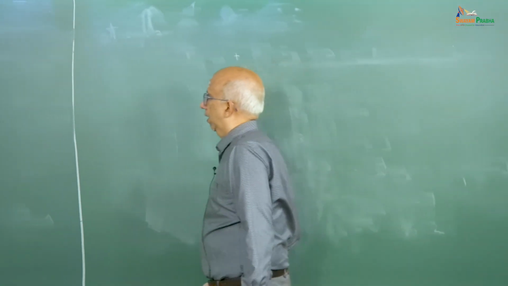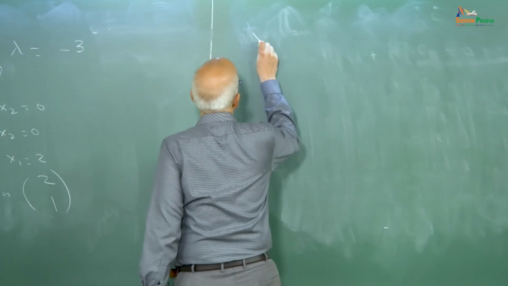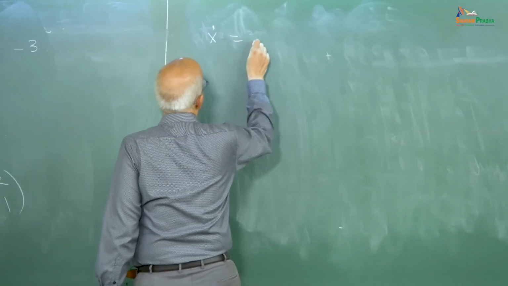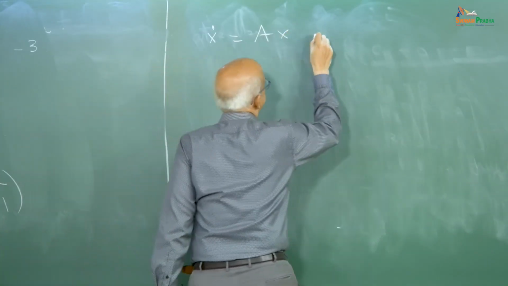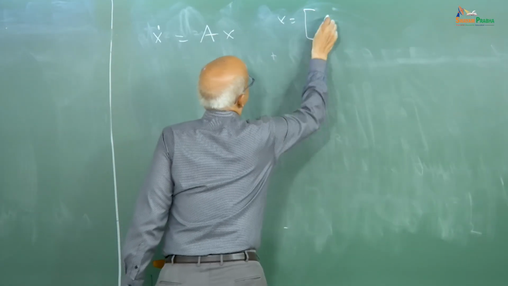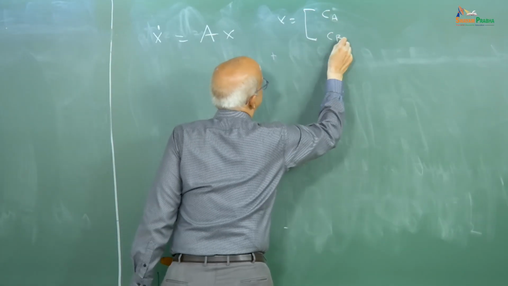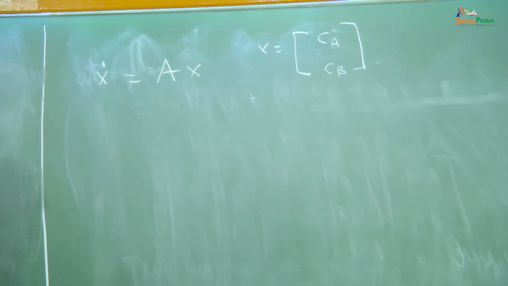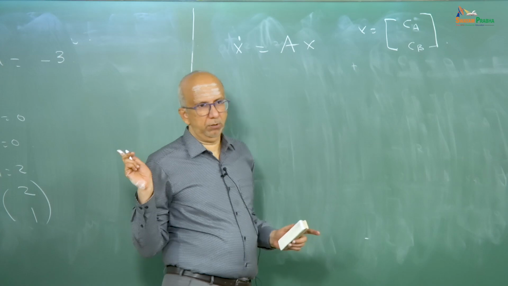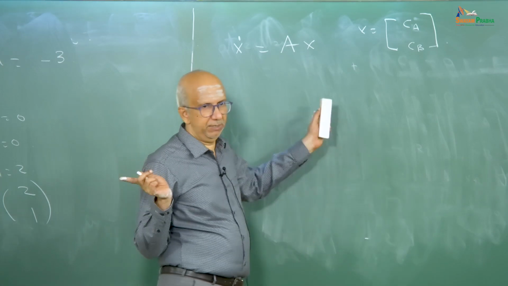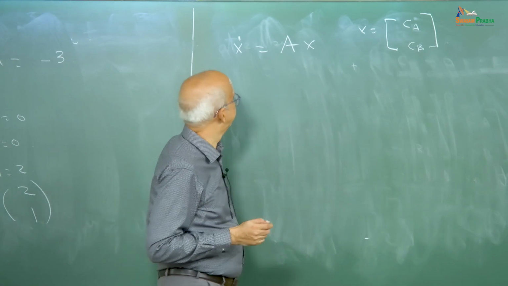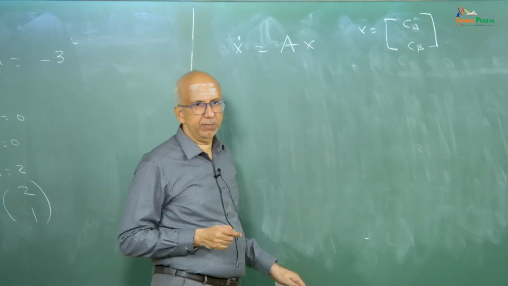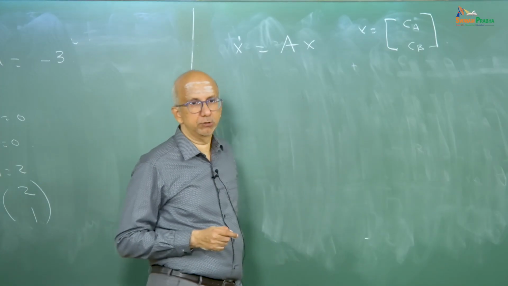Now, if you go back to that ordinary differential equation system that you had, x dot equals Ax, but x is CA, CB, and A has the K1, K2. I wrote down the two equations for CA and CB, so that is what I am saying. So, what will be the form of the solution here?